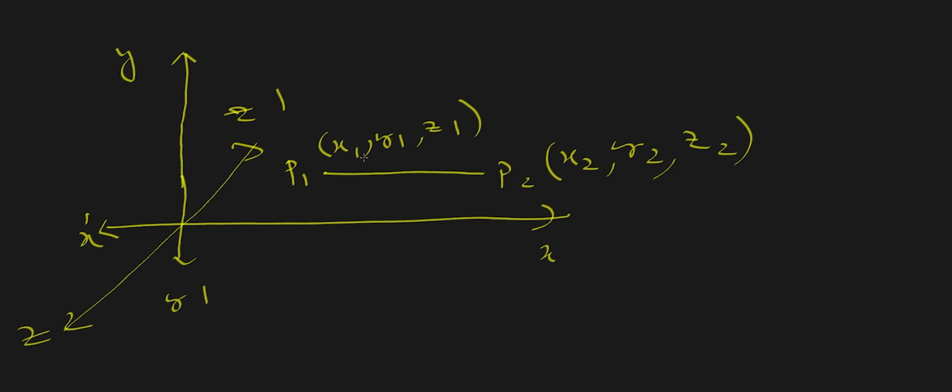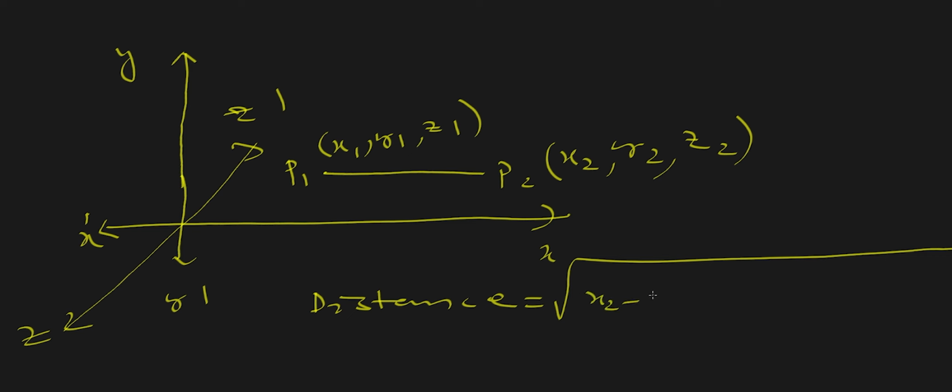If P1 is x1, y1, z1 and P2 is x2, y2, z2, then the distance will be the square root of x2 minus x1 whole square, plus y2 minus y1 whole square, plus z2 minus z1 whole square.